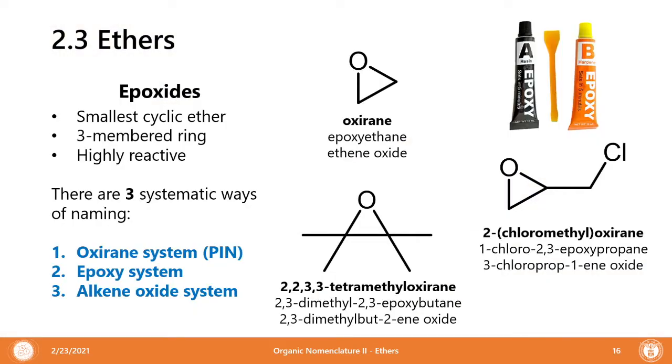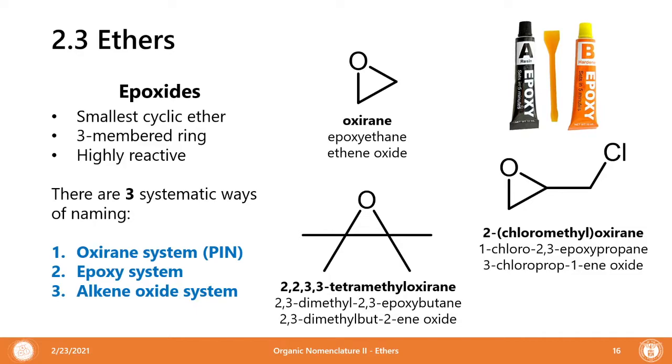So we now go on to our first cyclic ether, which is the epoxide. Epoxides are the smallest cyclic ether, comprised of a 3-membered ring with 1 oxygen atom. They are highly reactive and they are typically used when we form epoxy resins.